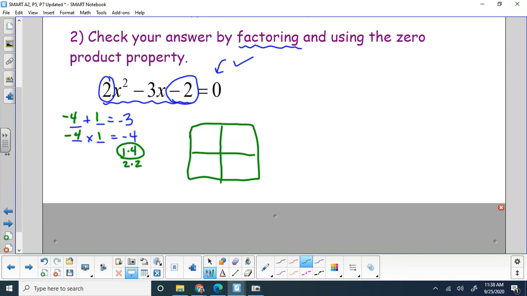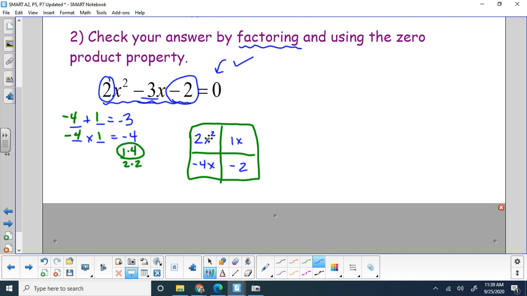I'm going to place the first term in the first box and the last term of my quadratic in the bottom right-hand box. My magic questions are going to add to equal the middle term. So notice that -4x and 1x equals -3x.